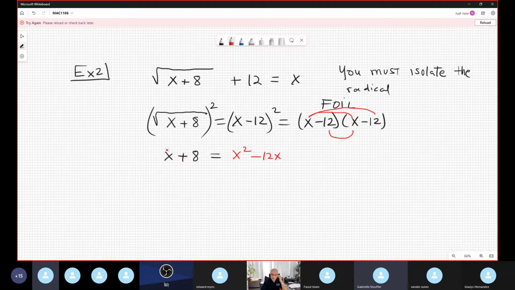Minus 12 times x is minus 12x. And negative 12 times negative 12 is positive 144. When you combine like terms, it's x squared minus 24x plus 144. However, the advanced student does it differently. The advanced student knows this idea.